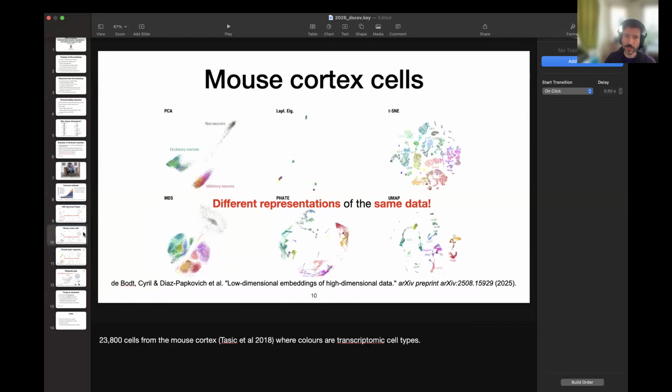And the same goes with the single cell data. So you can say, okay, these types of neurons, I'm not an expert on neurons, but there is an explicit interpretation of this distance between excitatory neurons and non-neurons, and inhibitory neurons. And it's that the transcriptomic data corresponds to a distance here.